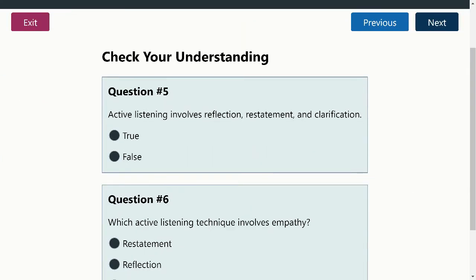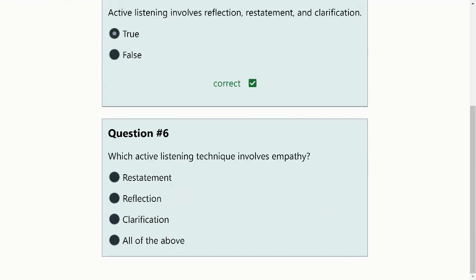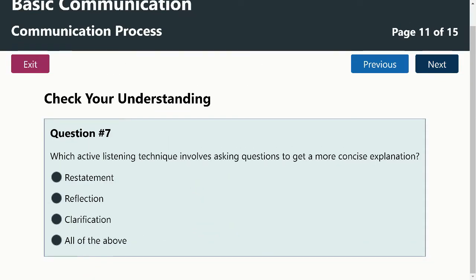Active listening involves reflection, restatement, and clarification. Which active listening technique involves empathy? Which active listening technique involves asking questions to get a more concise explanation?